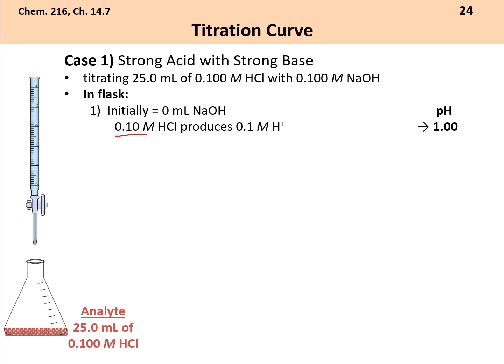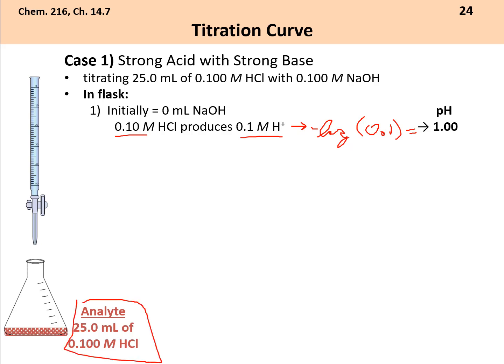Seeing that it's 0.1 molar HCl, it produced 0.1 molar H+. I could then do negative log of 0.1, and I'd get a pH of 1.0. Okay, so that is my analyte.